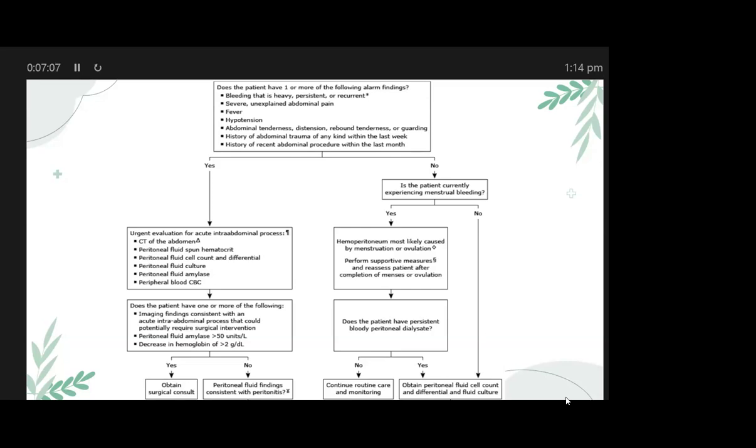Okay, can we ask a fellow or one of the audience to give a summary of how they could have approached the case differently?